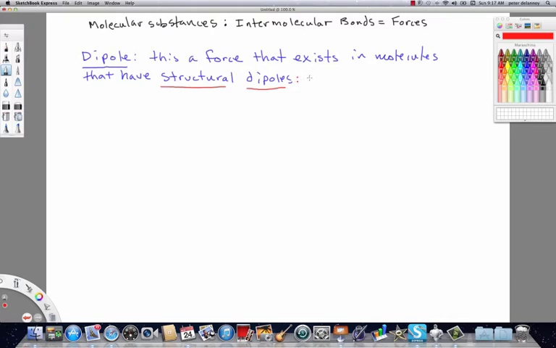What this means is that these are going to be molecules that have opposite charges on opposite ends of the molecule.